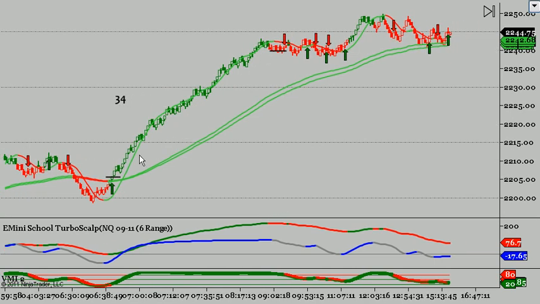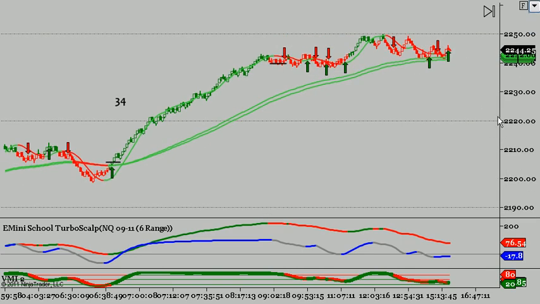we have this expansion goes into this sideways contraction. So it's going to do two things, either contract sideways or correct back down. Now, if it just goes sideways and contracts, and we get another signal to go long, which was right here, the thinking is we almost have to think backwards of what a normal person would think.